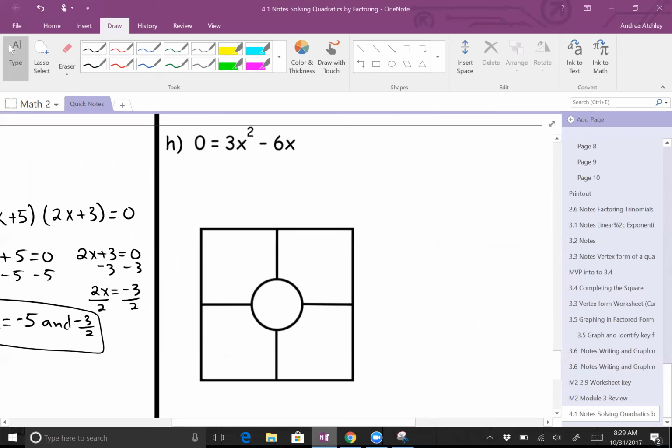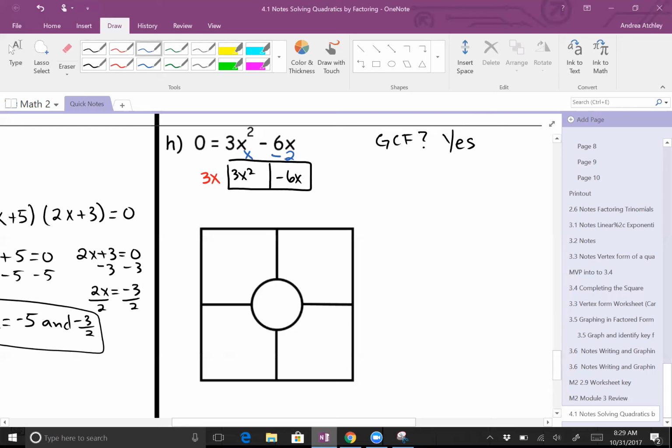Okay, this one is a little different because I do have a GCF. Not just 3, 3x. So I have my 3x squared and then negative 6x. So I can factor out the 3x and get left with x minus 2.